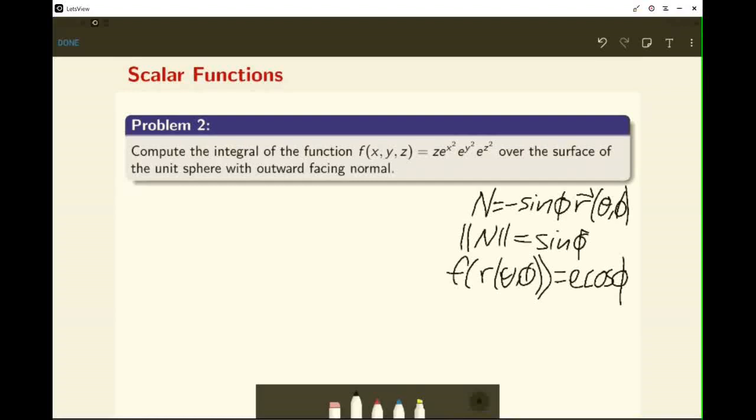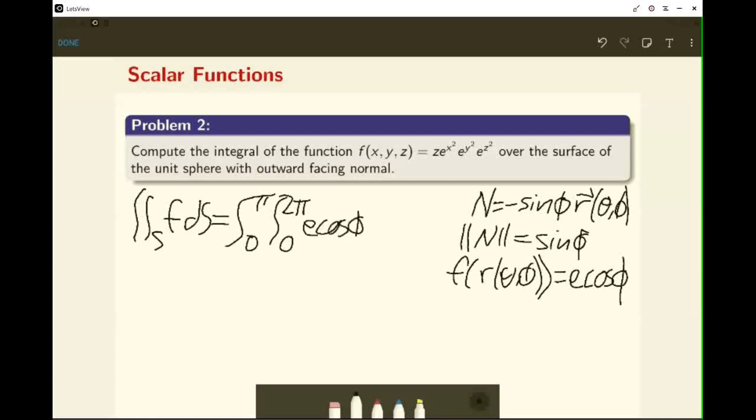And so the integral that we're after, the surface integral of f ds, we need to take phi from 0 to pi, theta from 0 to 2 pi, then an e, cosine phi, sine phi, d theta d phi.